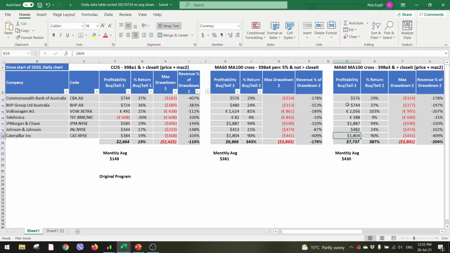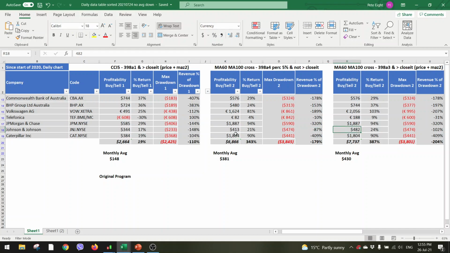So these two MA60 and MA100 crossovers have generated the same for Caterpillar versus the CCI. There have been some differences in the other ones, and that's why this one is slightly more than that one overall.